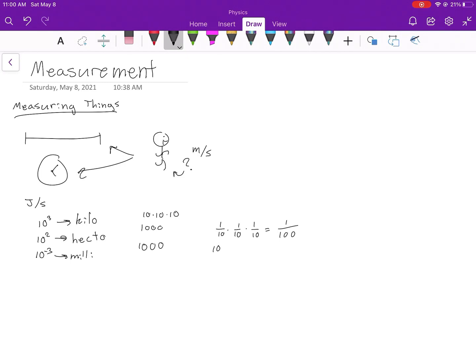Or do this, and then you would bring the decimal back 3 places. So 1, 2, 3. Wait a second.